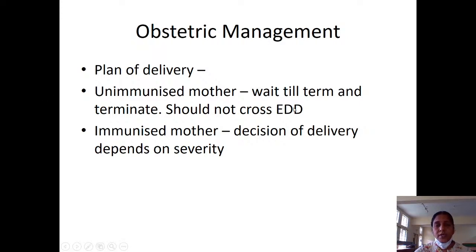In an unimmunized mother, wait till term and then terminate. But here we should not allow the pregnant woman to cross the due date. If the mother is immunized, the decision of delivery depends on the severity. How the baby is affected depends on the case.